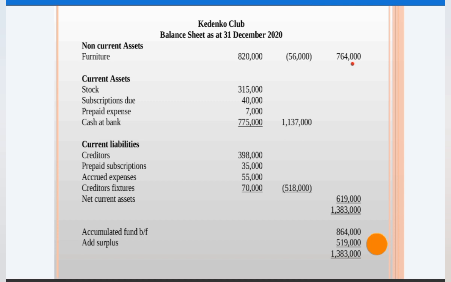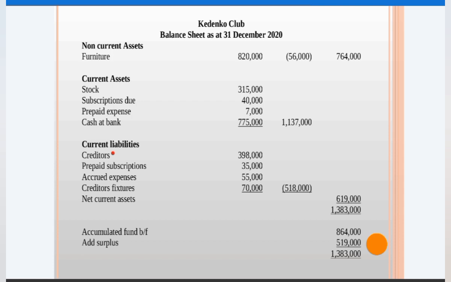So the book value is 764,000. So we then add the current assets: the stock, which is 300,000. We have the subscriptions at 40,000, the prepaid expenses, 7,000, and of course the cash at bank, bringing the balance from the receipts and payments of 705,000 to give us a total of 1.137 million.